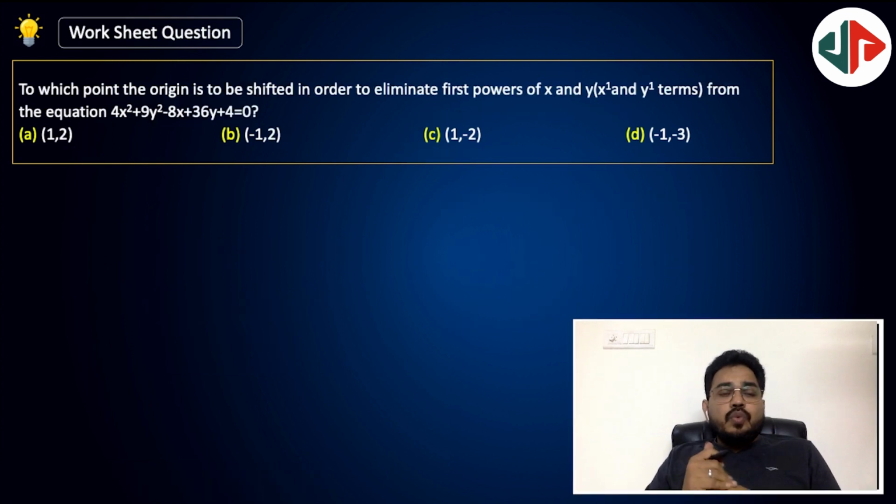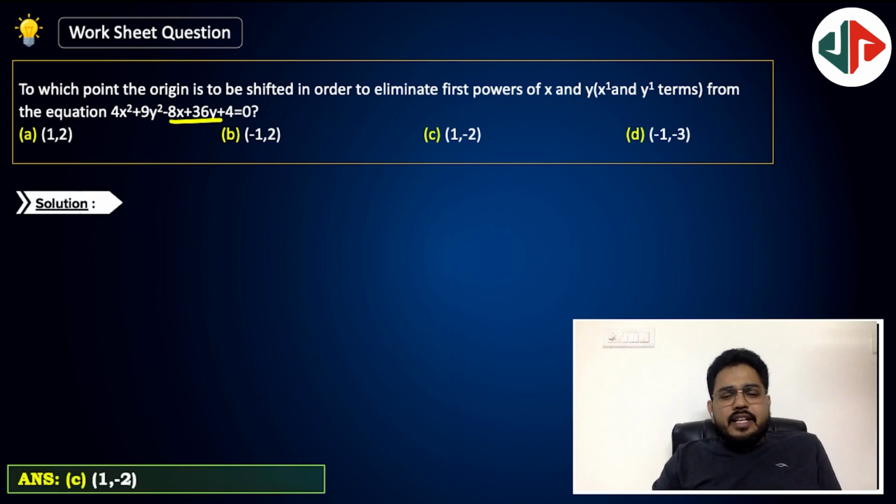To which point the origin is to be shifted in order to eliminate first powers of x and y from the equation, means linear terms need to be eliminated.